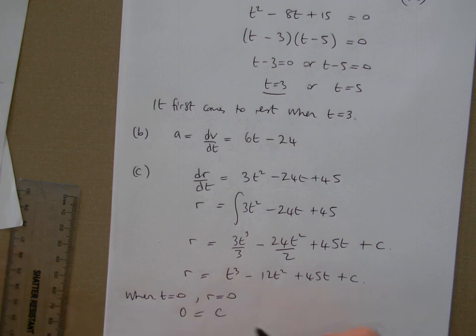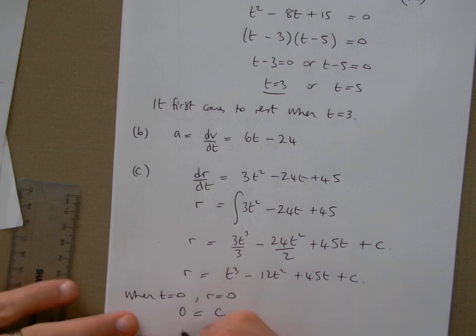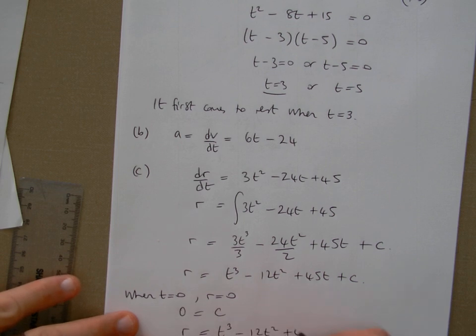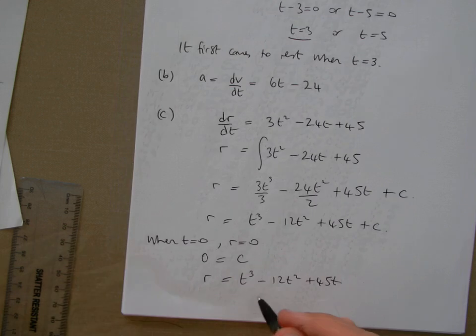So we get 0 equal to c, and your constant is simply 0. So you get this as the expression for my displacement.